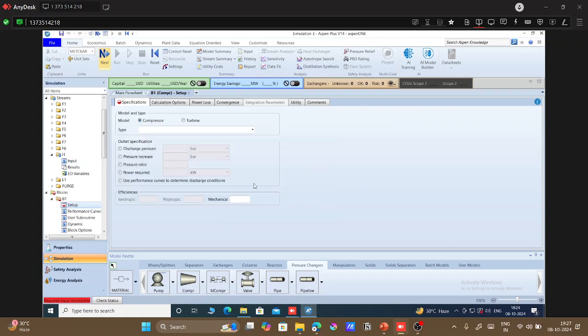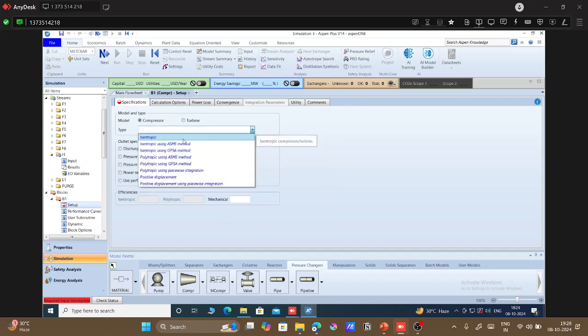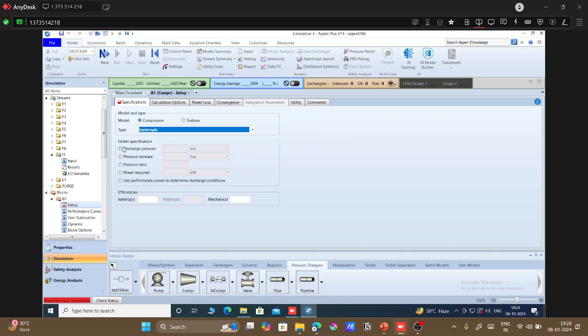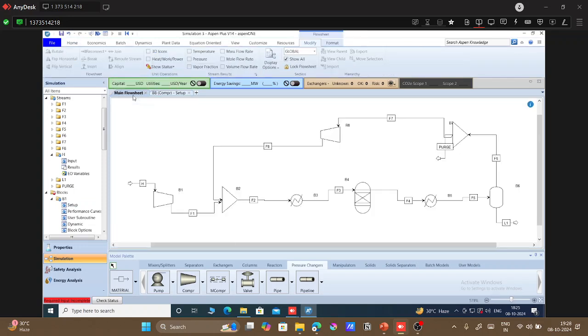This goes to our block B1, which is a compressor. For the compressor no information is provided, so we will select an isentropic compressor with a discharge pressure of 4000 psia, as mentioned in the problem. Then we have our heater.